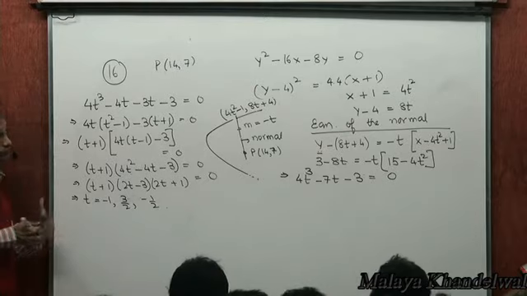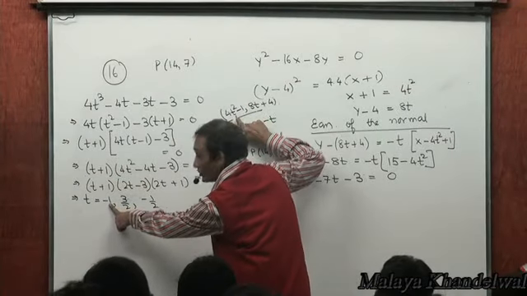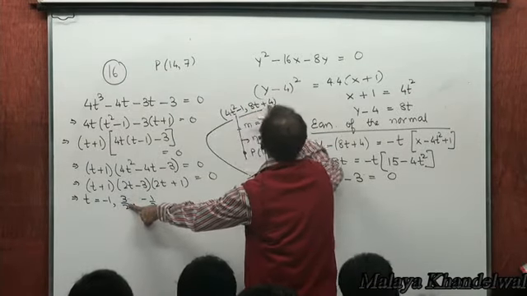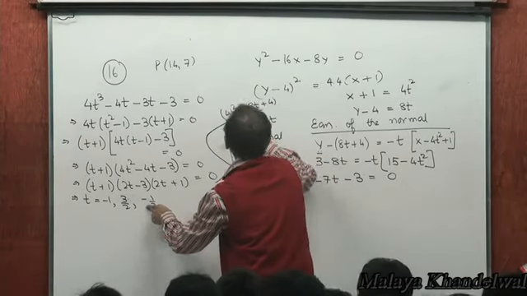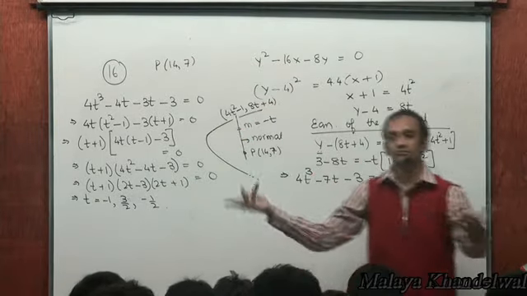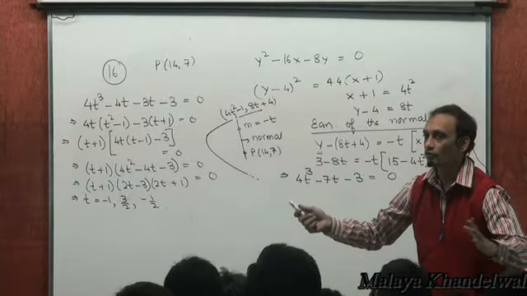Yes or no? Very good. So plug in t equal to minus 1, you get the foot of 1 normal. Put t equal to 3 by 2, here you get the foot coordinates of B. Put t equal to minus half, you get the coordinates of C. That's how you get the feet of the three normals drawn from this point. Is that okay or not okay?